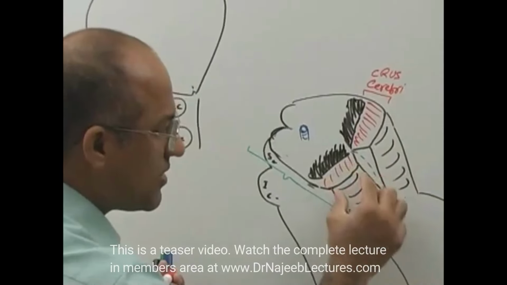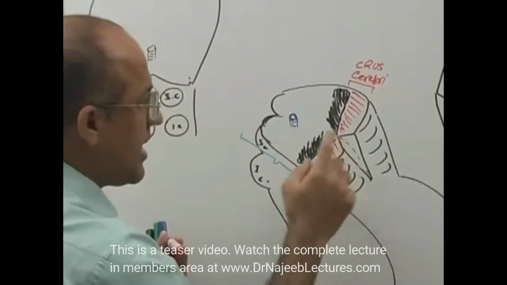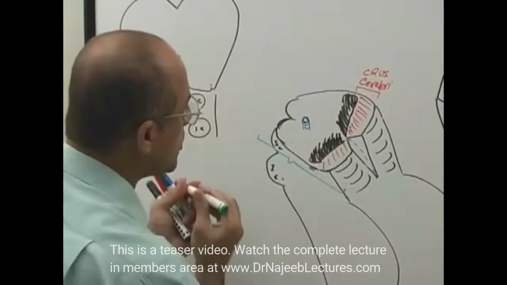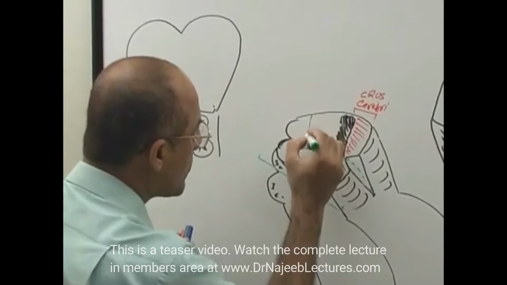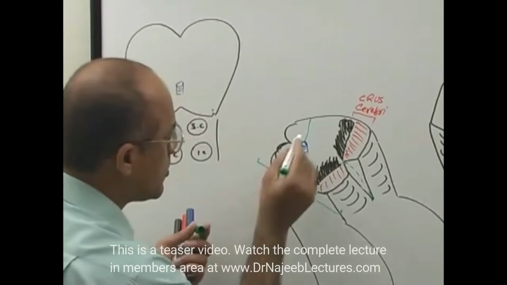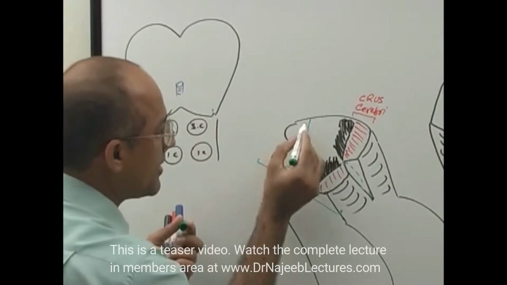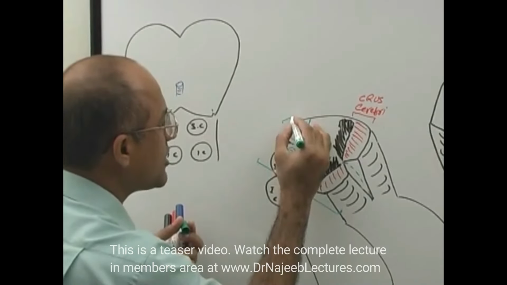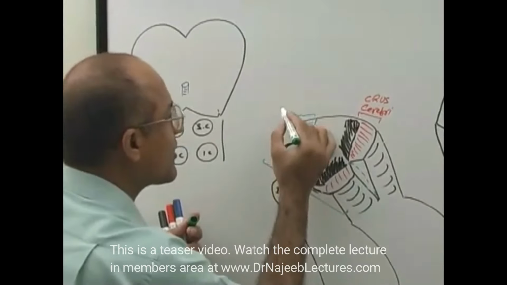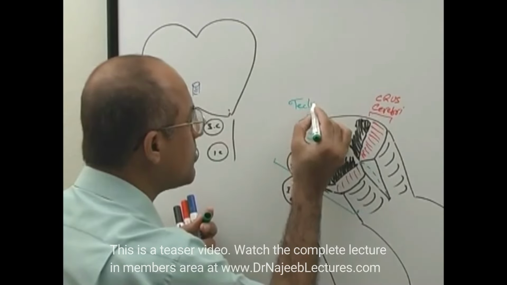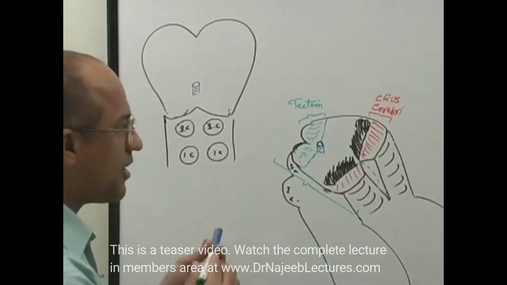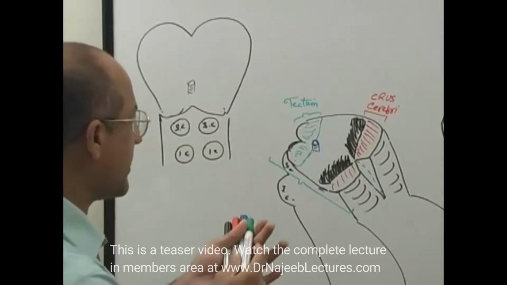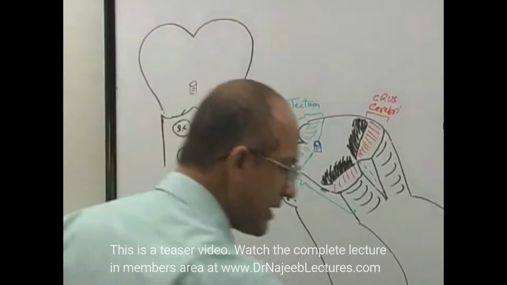So this column was crus cerebri. And then the structures which are posterior to the cerebral aqueduct are called tectum. And the remaining structures between the crus cerebri and the tectum are all called tegmentum. What are they called? Tegmentum.